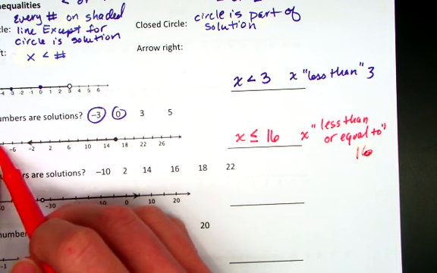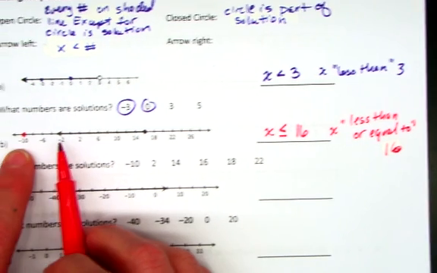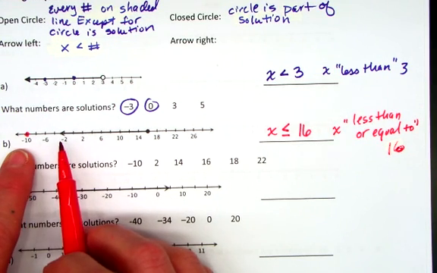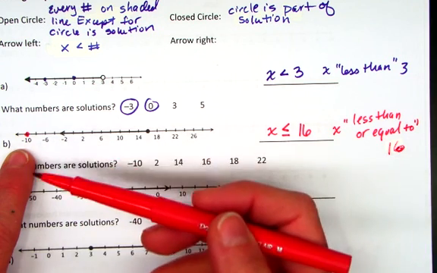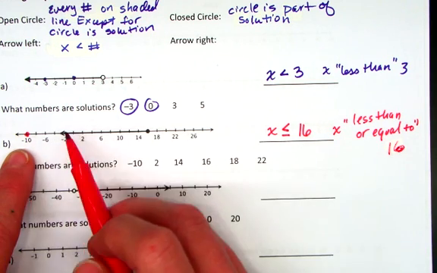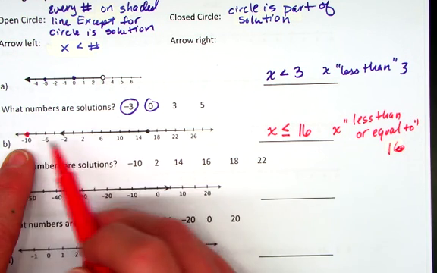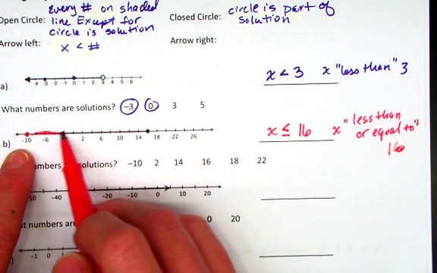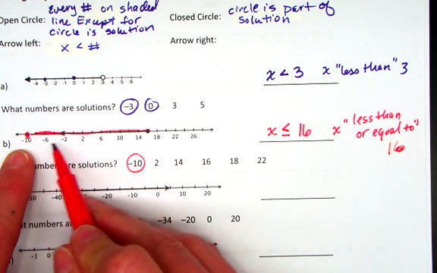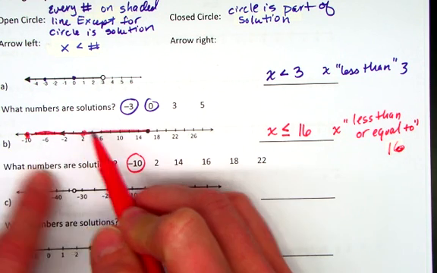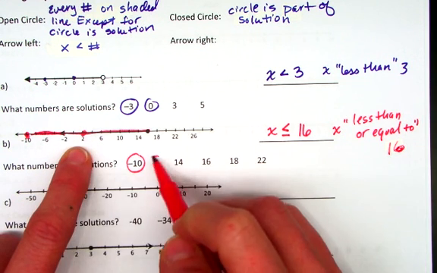So we take a look, and I have -10. Now this arrow stops at -2, but this arrow signifies that it's going to continue infinitely to the left. So everything to the left of this arrow is part of the shaded line. It just didn't go all that way. So this is all the solution. So -10 is a solution. Then we come up and we have -2 or +2. That is on the line.